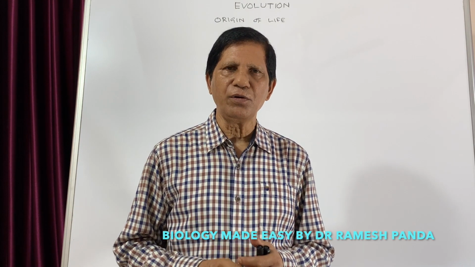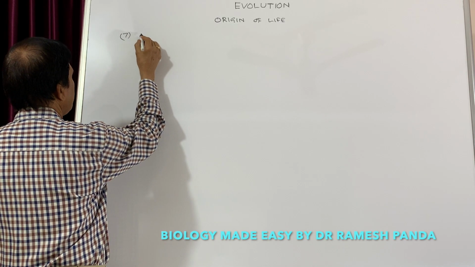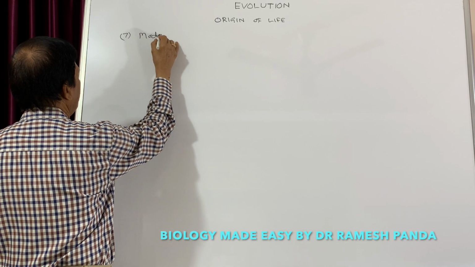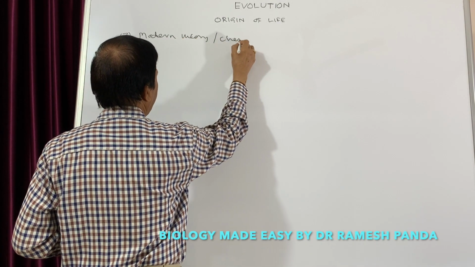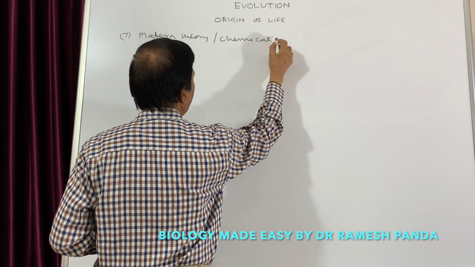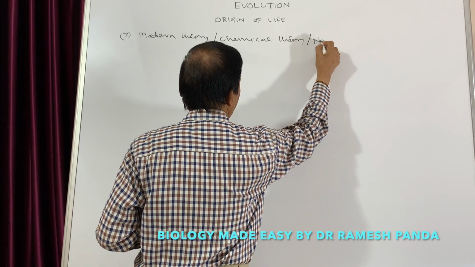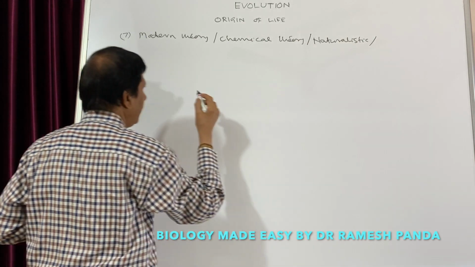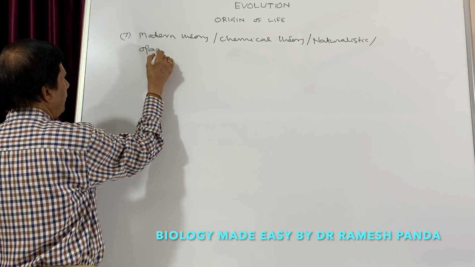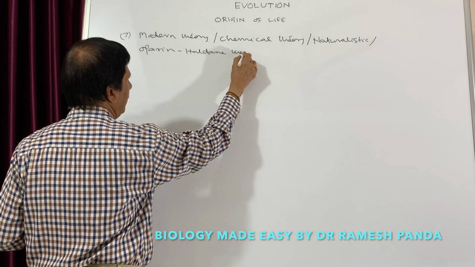Now today in this video we'll discuss the seventh one, the seventh theory, that is known as the modern theory or chemical theory or naturalistic theory, or it is also known as Oparin-Haldane theory.